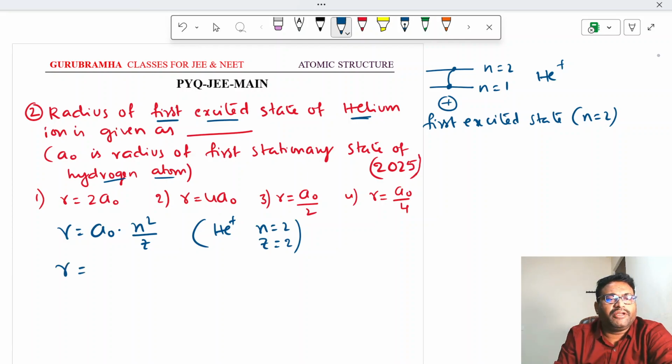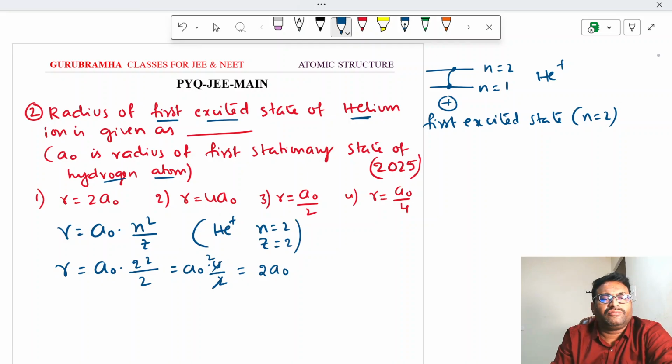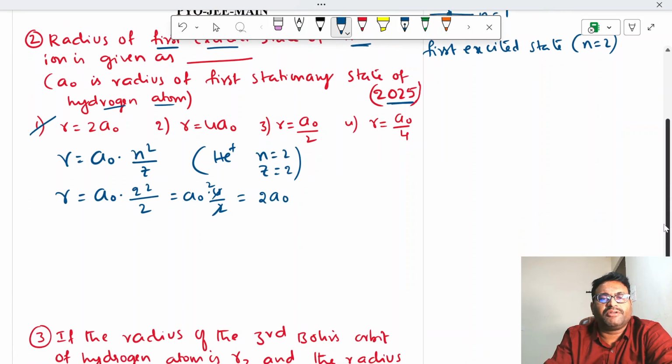So radius will be A0 into 2 square by 2. So that is equal to A0 into 4 by 2, that is equal to 2 A0. So radius will be 2 A0. So this will be the correct answer. This is also given in 2025, a very recent examination.